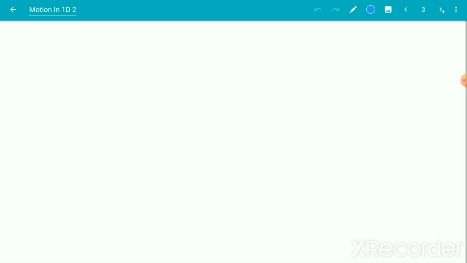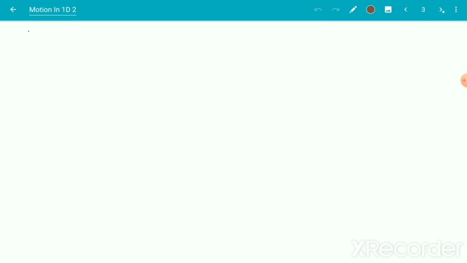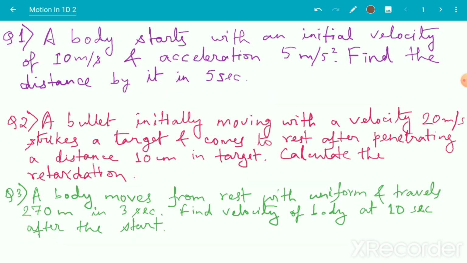So the solution number one, I think, is clear. Now let us move on to the next question. Solution number two. First of all, let us write the given information. A bullet is initially moving with a velocity of 20 meter per second.